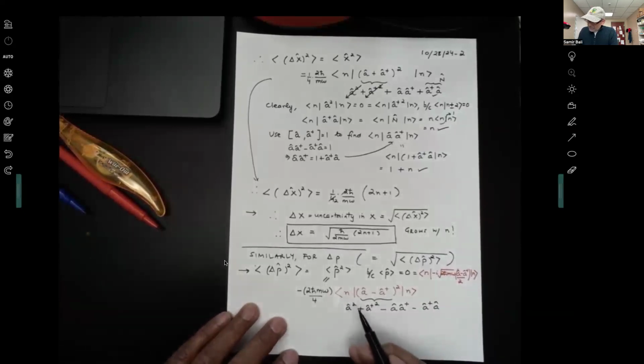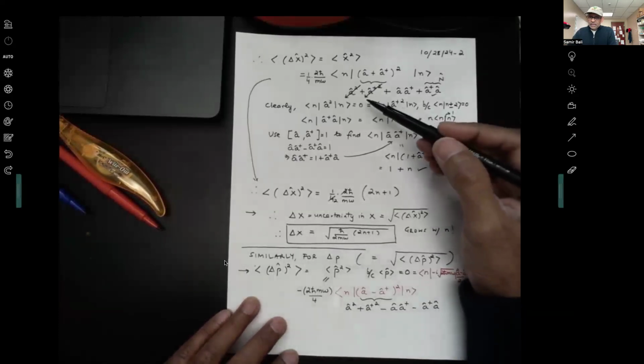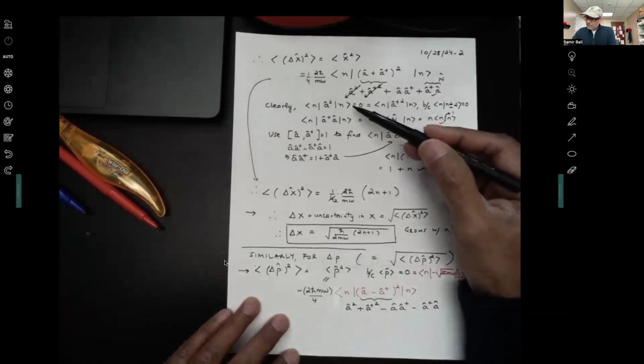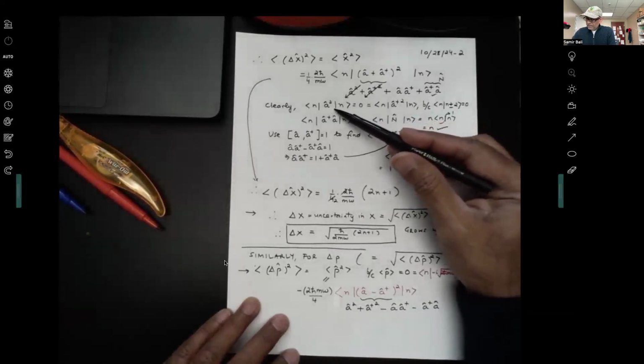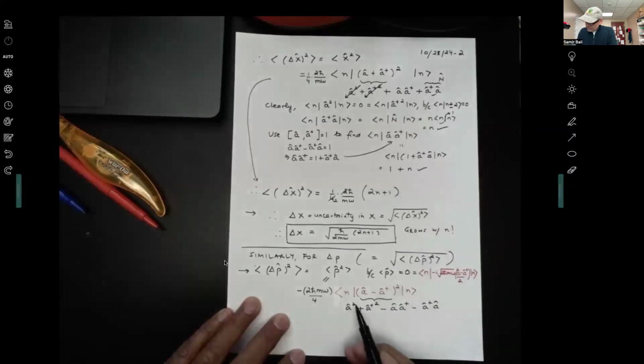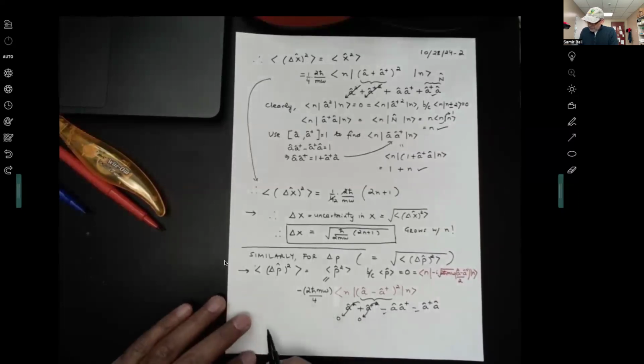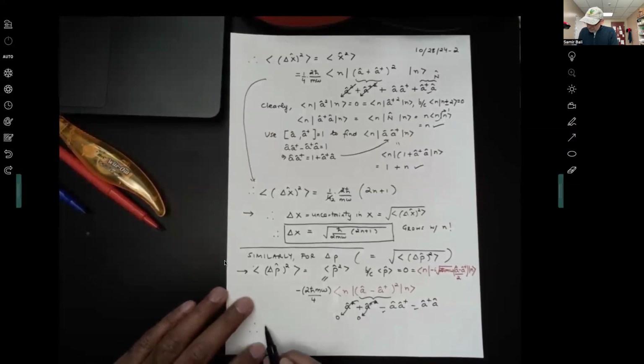Once again, using exactly the same logic as we did before, the a squared expectation value and the a dagger squared expectation value would give you 0. And then this minus sign cancels with that minus sign.